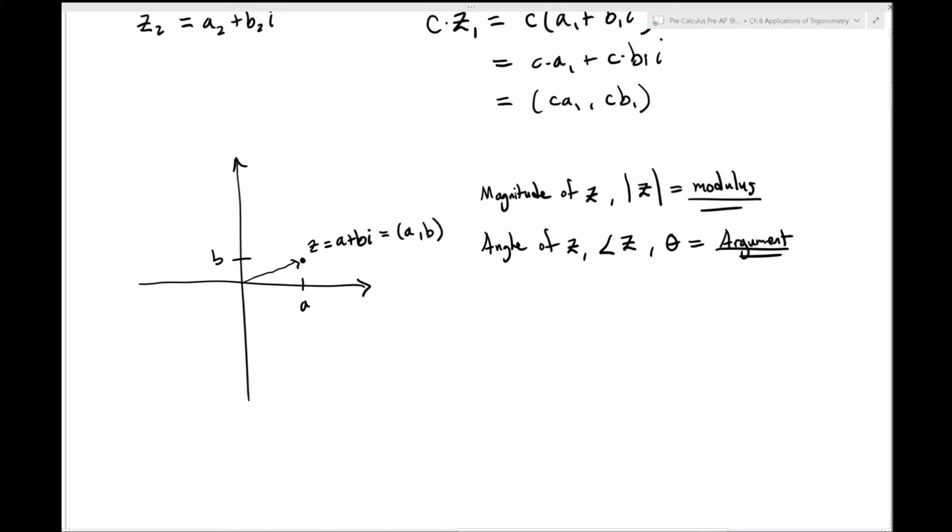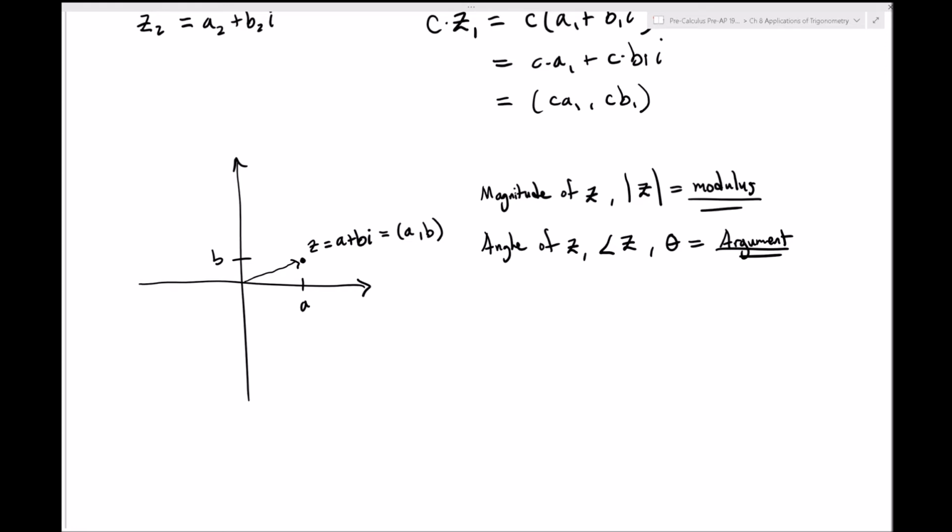And we've used that term before for trigonometric functions. It's the number you plug into a function, therefore we call it the argument. So modulus and argument, those are the fancy words for just magnitude and direction of a vector. So in complex geometry, they're called modulus and argument. So we'll see those every now and then.